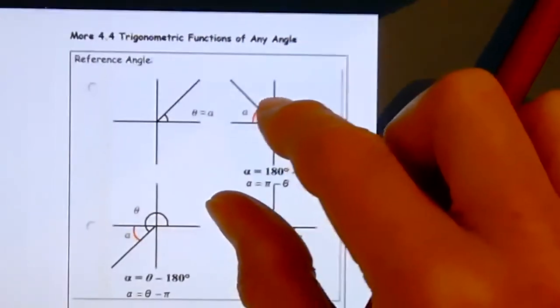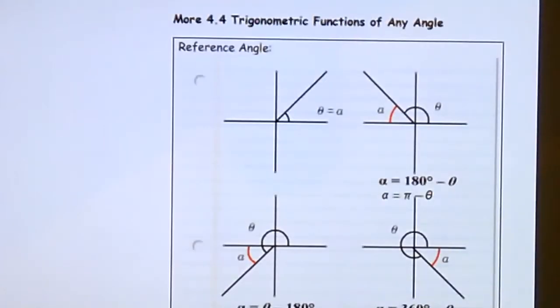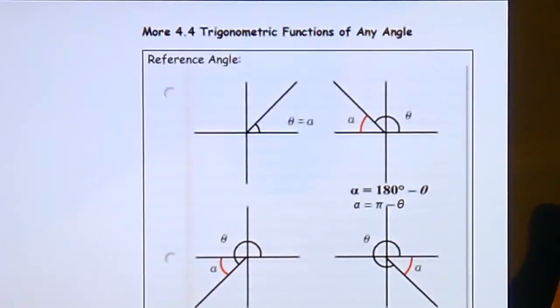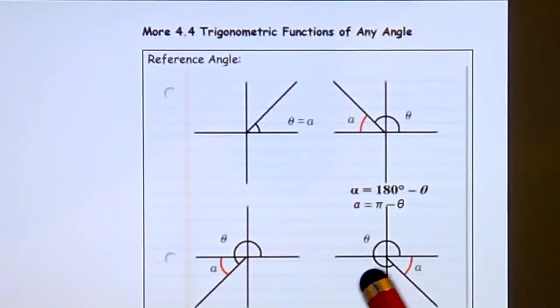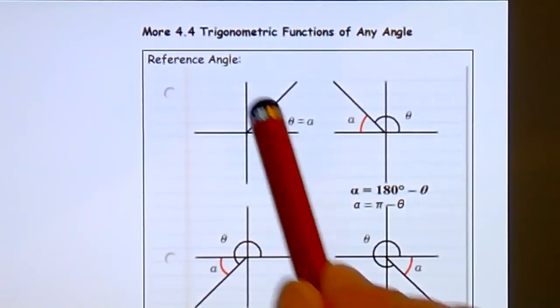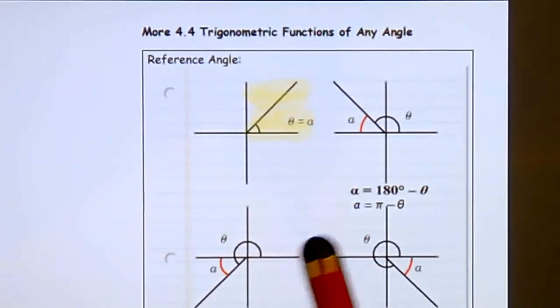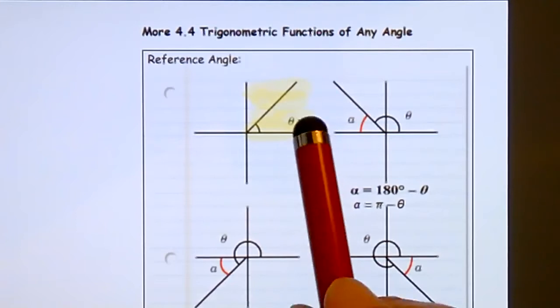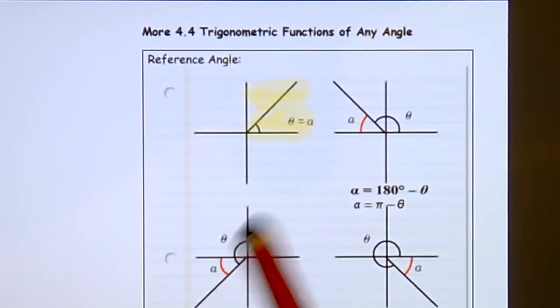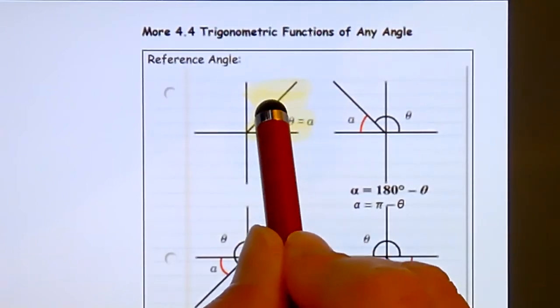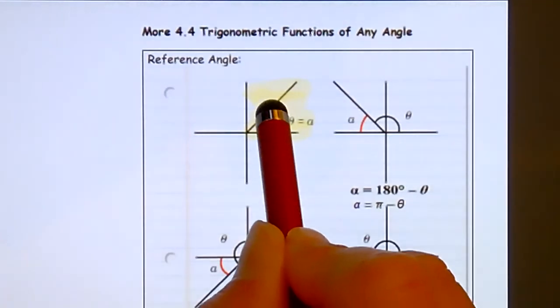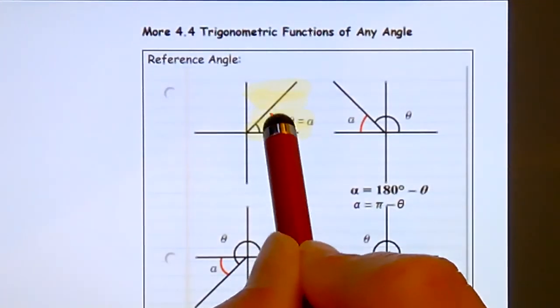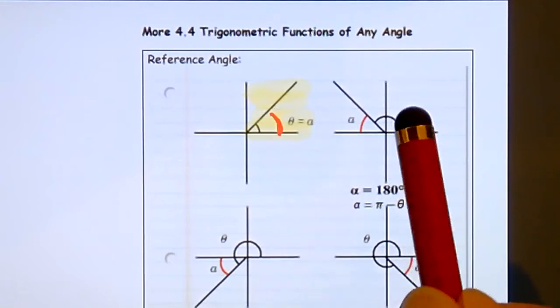So on the next page, this is dealing with reference angles, and we've dealt with reference angles before, okay? And your reference angle is always in quadrant 1, okay? So we're always thinking about quadrant 1. And what it really is, is the distance that we're going from your angle to the x-axis, okay?